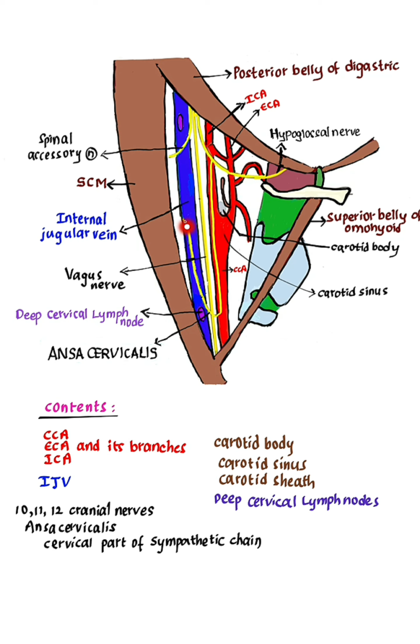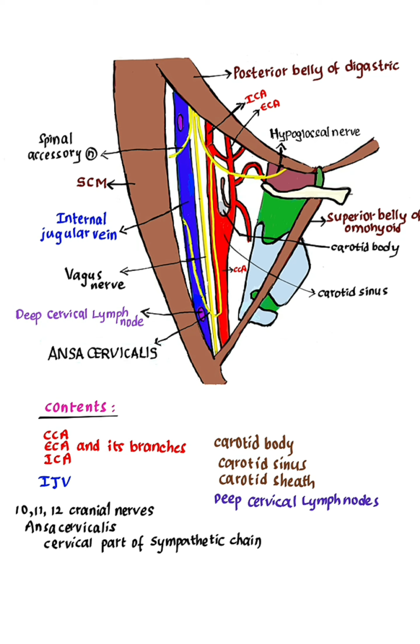Veins: internal jugular vein and its tributaries. Nerves: 10, 11, 12 cranial nerves. 10th cranial nerve, that is vagus nerve. 11th cranial nerve, spinal accessory nerve. 12th cranial nerve, hypoglossal nerve.